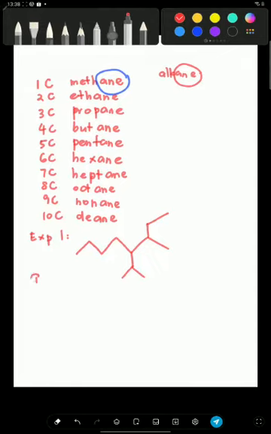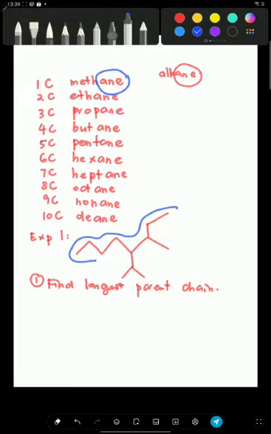Rule number 1 is you need to find longest parent chain. So longest parent chain you can count from here 1, 2, 3, 4, 5, 6, 7, or 1, 2, 3, 4, 5, 6, 7, 1, 2, 3, 4, 5, 6, 7, 8. This is the longest parent chain which contain more carbon atom. So consider 8 carbon.